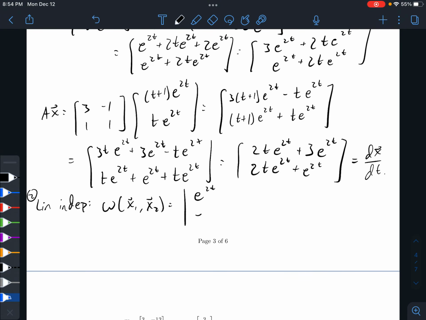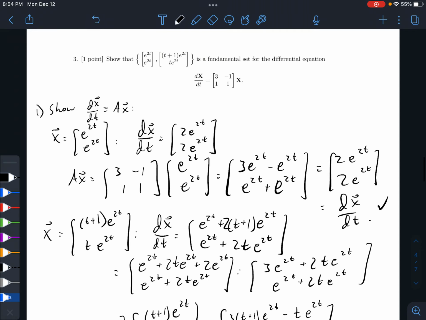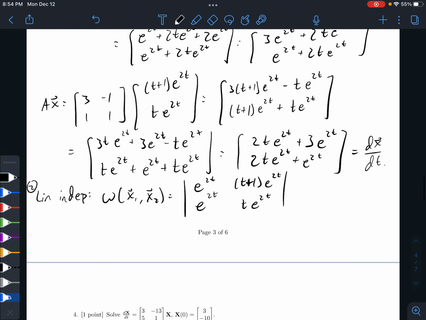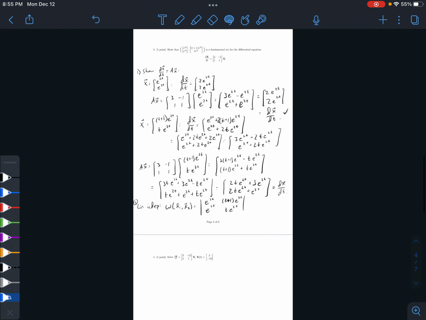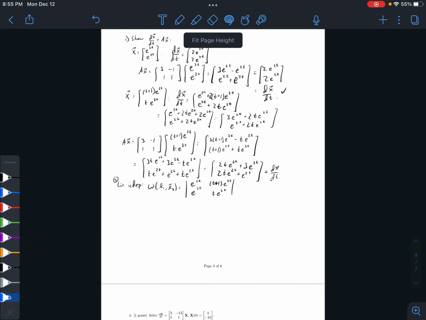So e^(2t), e^(2t), (t + 1)e^(2t), and t e^(2t). Now we just take a determinant of all this stuff after making space.